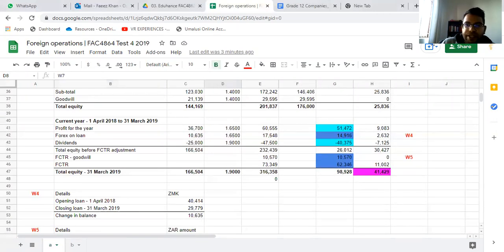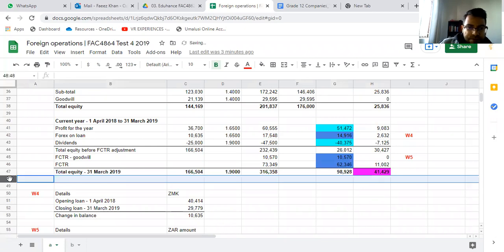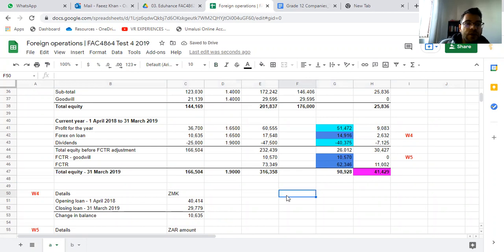So let's complete the analysis of equity from 1 April 2019 to 30th June 2019. Okay, so we can complete that now. Remember what is happening from 31 March 2019 to 30th June 2019?